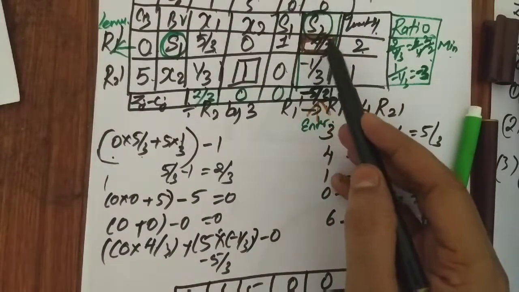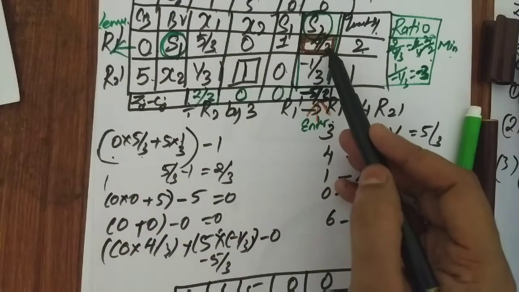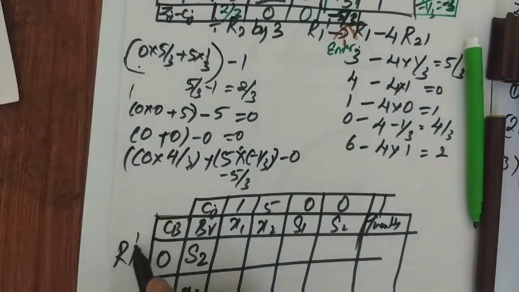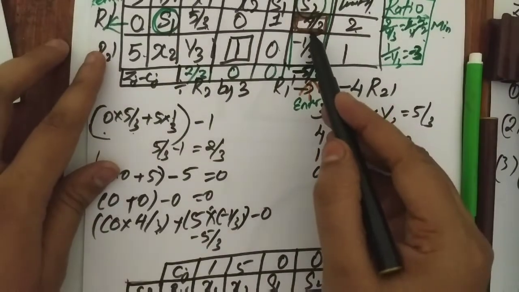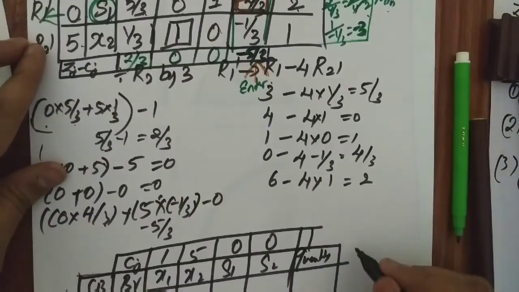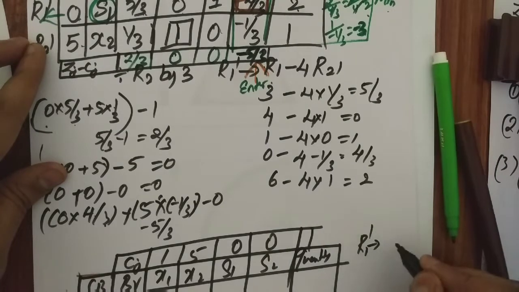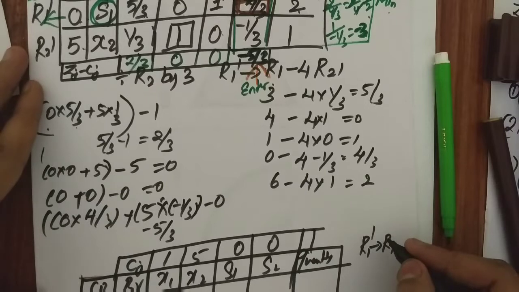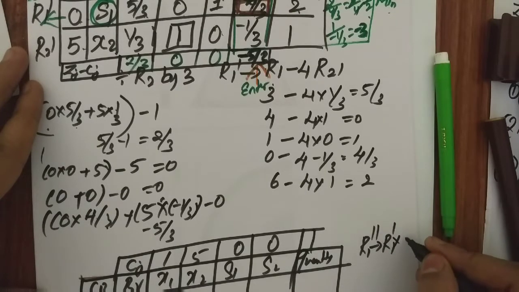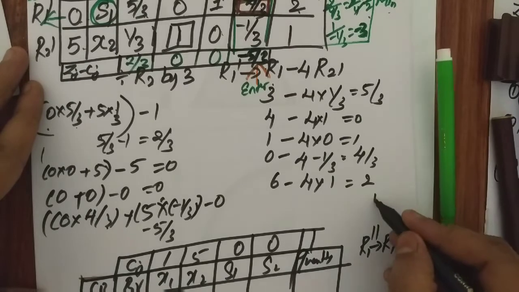Next, as I already mentioned, the pivotal has to be made 1. If this is R1 dash, let me take this as R1 double dash, R2 double dash. To make this 1, R2 dash changes to R1 dash into 3 by 4.